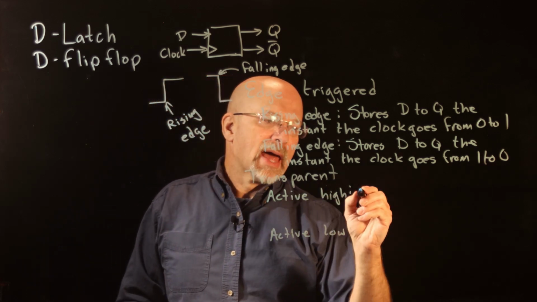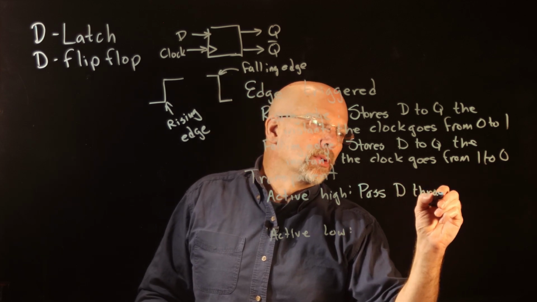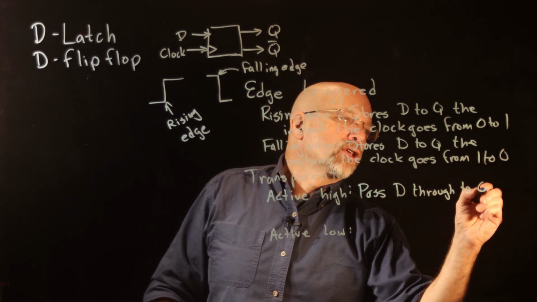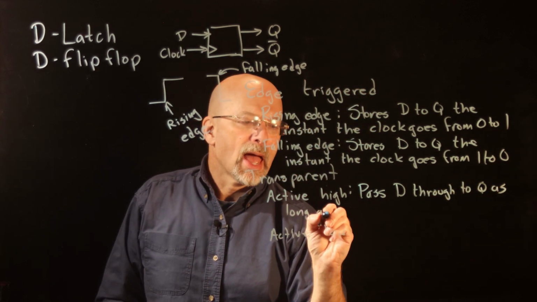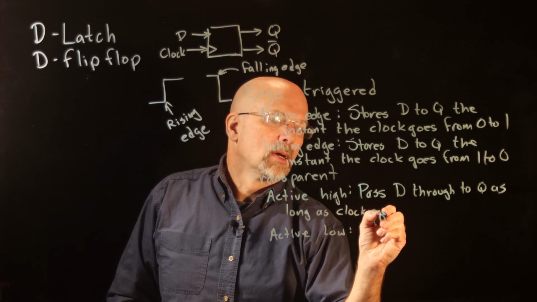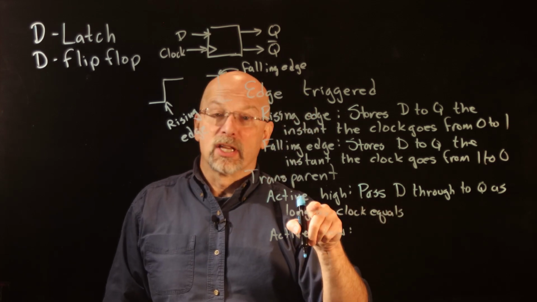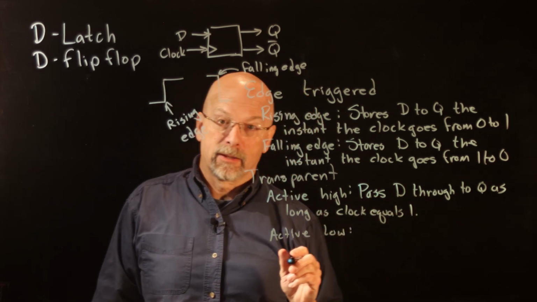What we're looking at is we're going to pass D through to Q as long as the clock equals, what is this? Active high. So as long as the clock equals 1. All right.